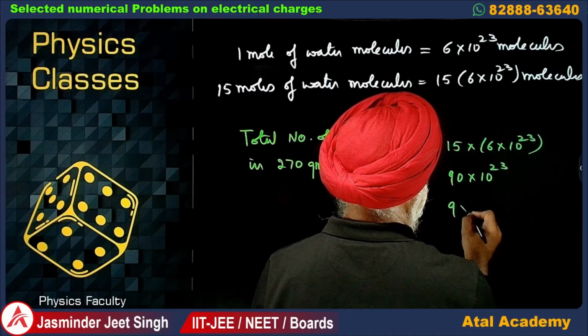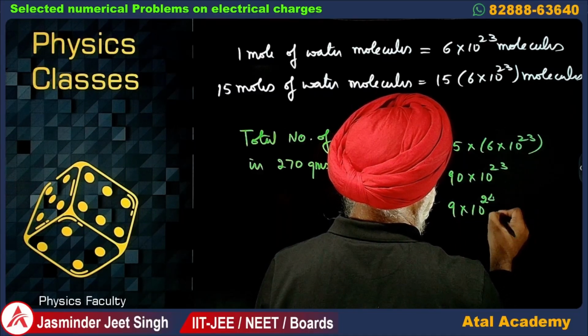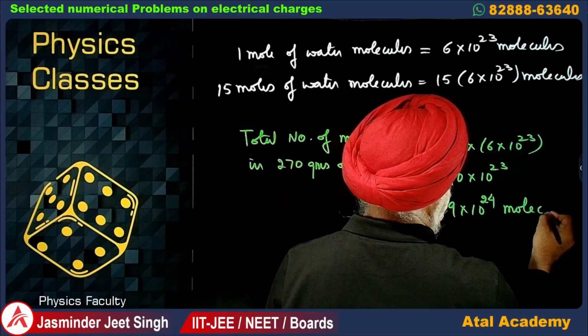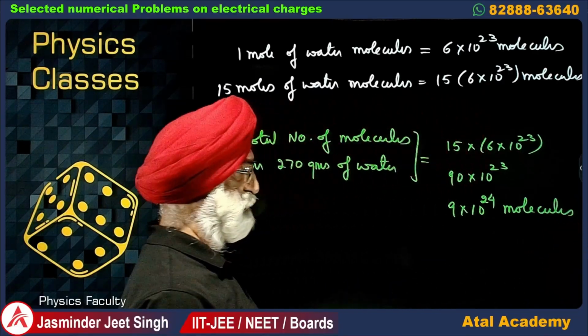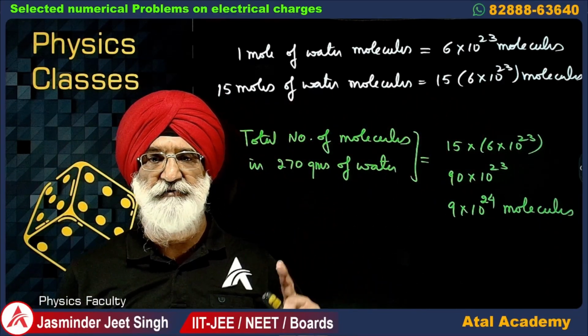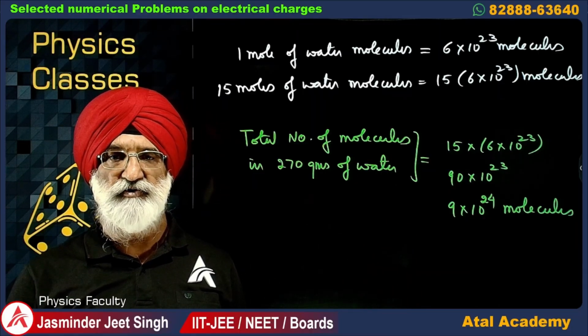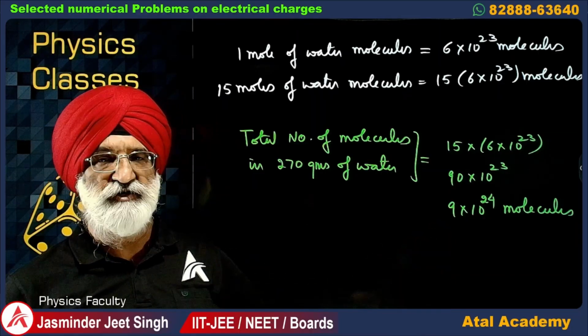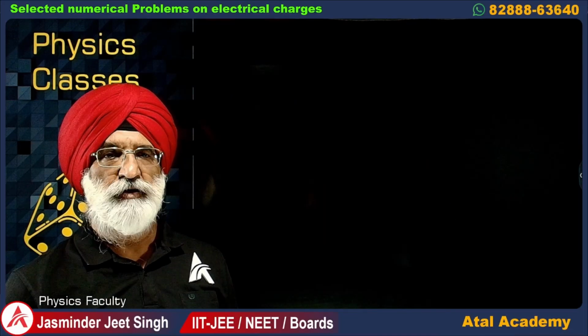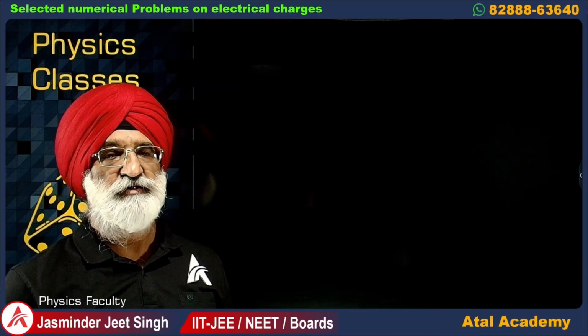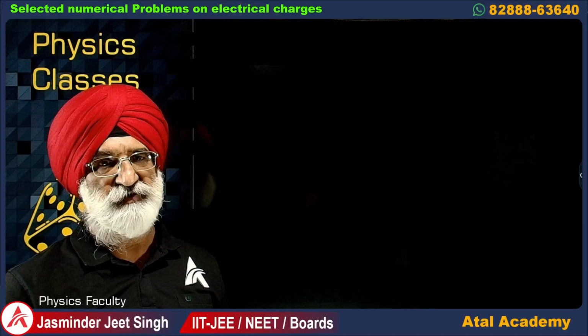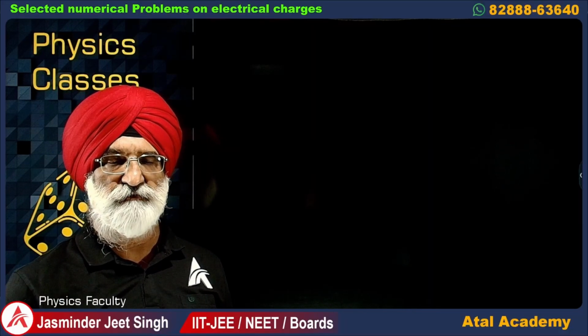That means 9 into 10 to the power of 24 molecules. That means in 270 grams of water, the number of molecules of water is 9 into 10 to the power of 24. Now we will be calculating the total number of electrons present in 270 grams of water.